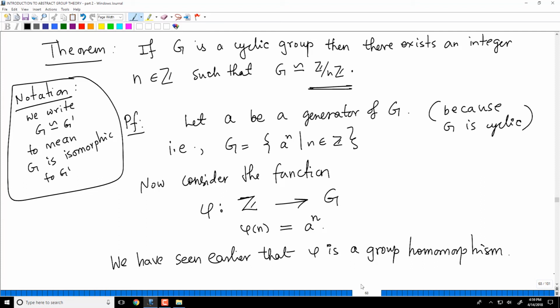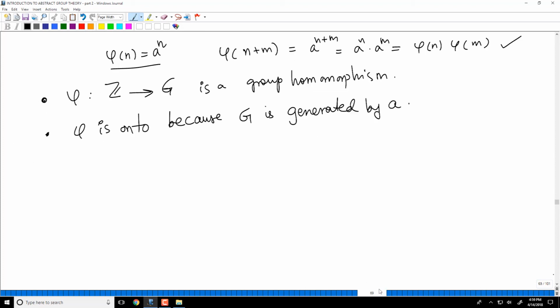In general, the set of elements a to the n as n varies is not all of G. That happens only if G is generated by a. So G is generated by a, so phi is onto, because every element of G is of the form a to the n. Now what is the kernel? Is that clear? Phi is onto because G is generated by a. Every element of G is a to an integer power.